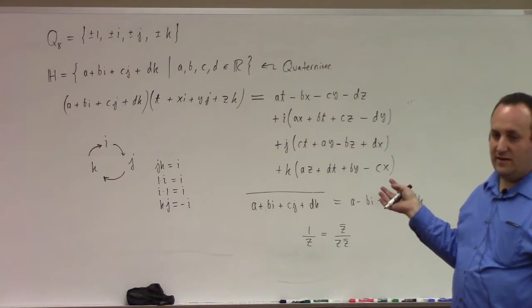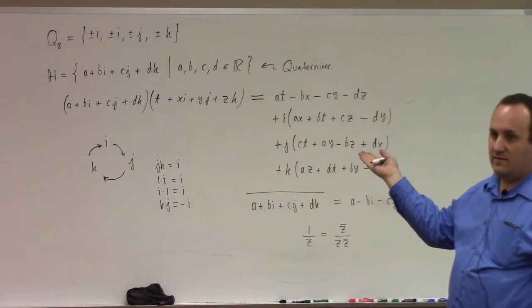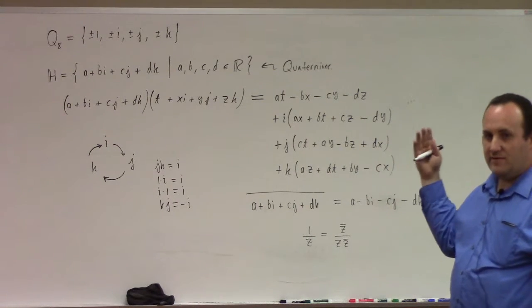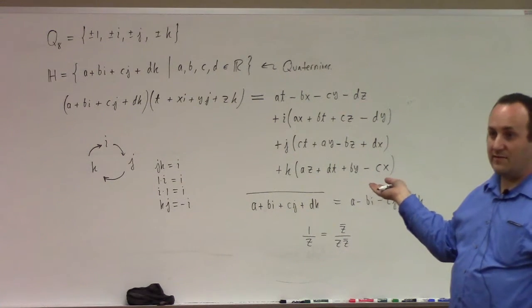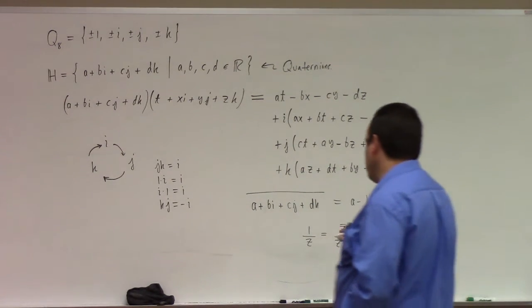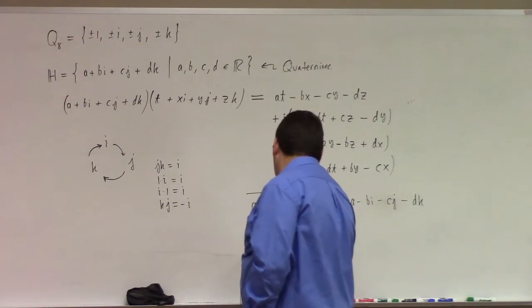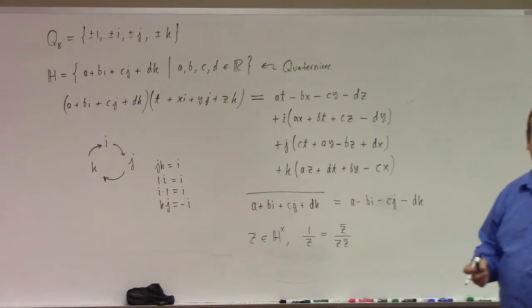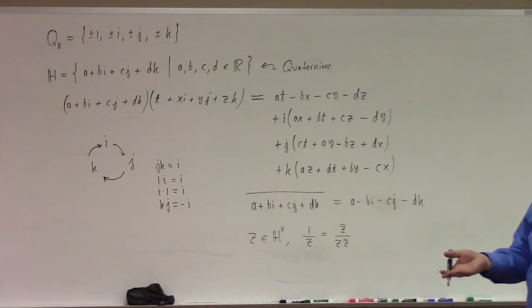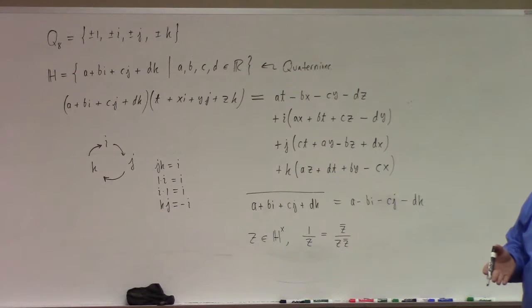Adding quaternions is easier, so it's got an additive structure and a multiplicative structure, and there's a number 1 in there that's the identity. Everything non-zero has a multiplicative inverse. So it's pretty much everything you need for a field: every non-zero element of this ring has a multiplicative inverse. The thing is, it's not a field because i times j is not equal to j times i.